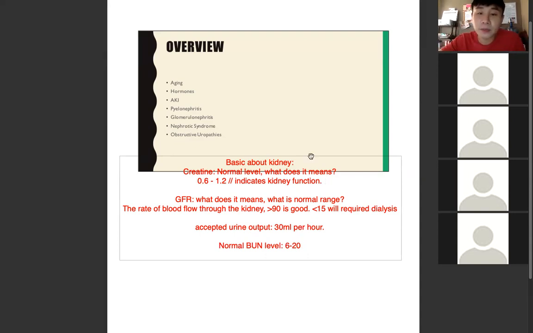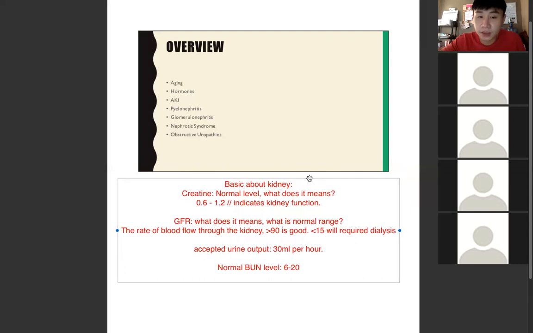So this is a little bit of basics about kidneys from Med-Surg 1 that it is crucial for us to know and remember these lab numbers and know what they mean. GFR means the rate of blood flow through the kidney. So the lower the GFR, the kidney is not well perfused, and if the kidney is not well perfused, it will not produce any urine.